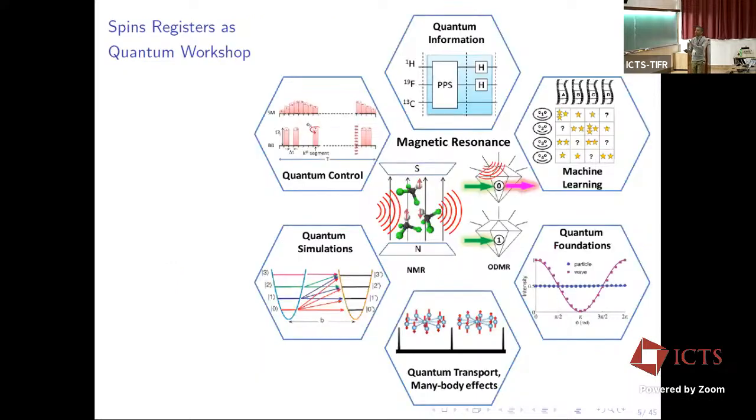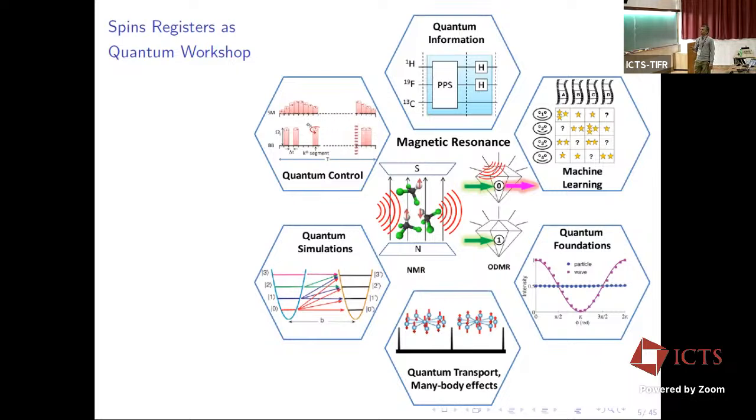With this platform, we also have a small nitrogen vacancy center platform. There were two beautiful lectures on NV Center, so I'll not go into the details. Today, I'll be mostly focusing on NMR. In some sense, they are complementary to each other. NMR lacks the initial pure states, and that is the strength of NV Center, but NMR still possesses higher strength in quantum control.